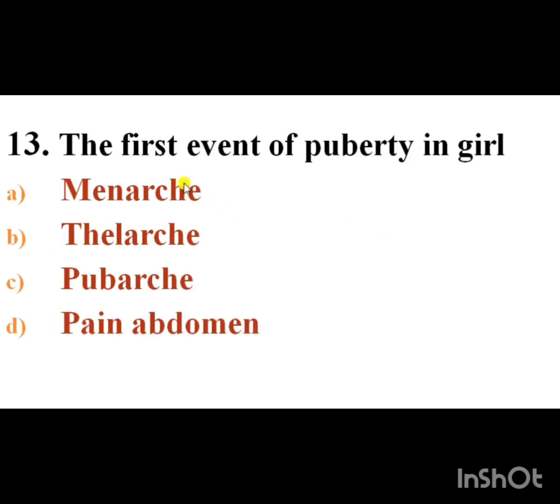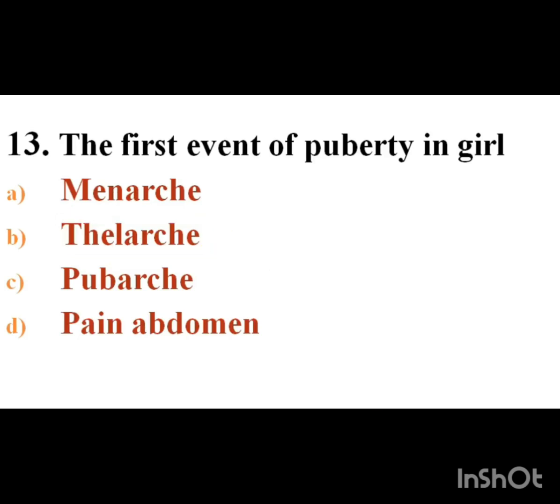Next question, the first event of puberty in girl. Options: A, menarche; B, telarche; C, pubarche; D, pain in abdomen. Answer is B, telarche. So telarche is the first event of puberty in girl.